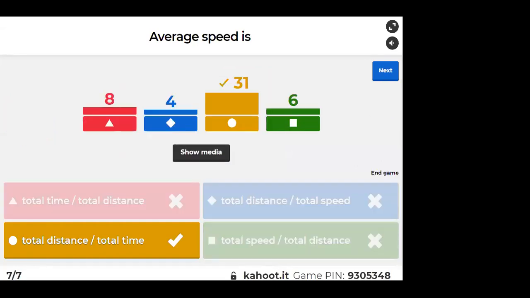Okay, no issues. Yes, exactly. Very good, most of you. It is distance by time only. So it is total distance by total time. That's it. Because the definition of speed will not change. How come you said time by distance? How come time by distance will become your speed?